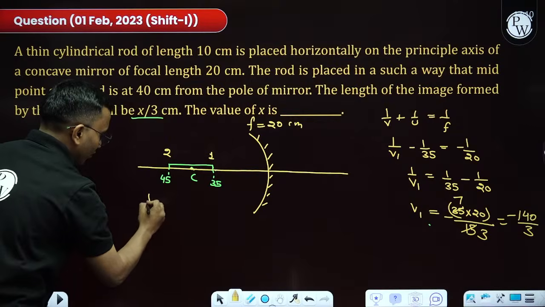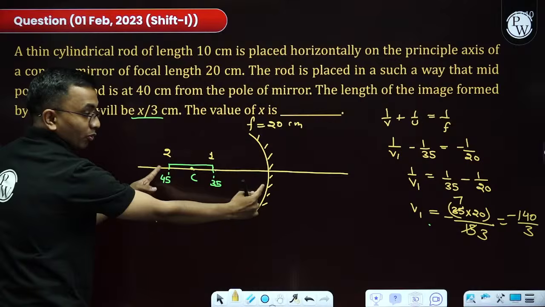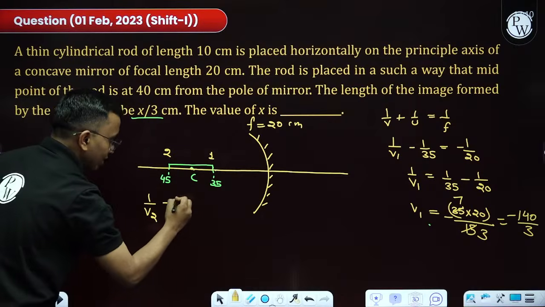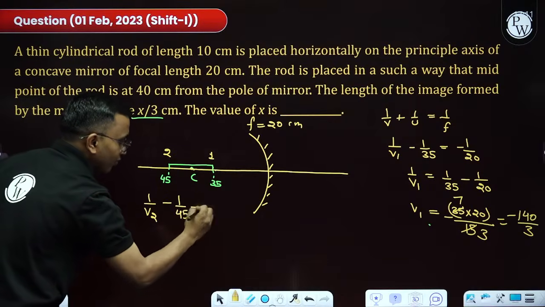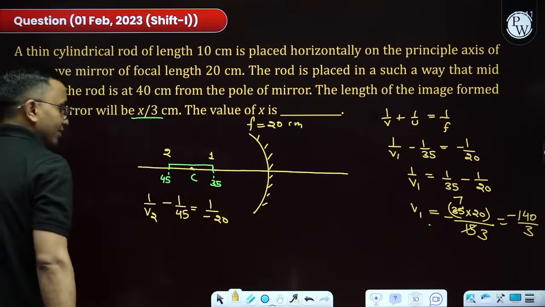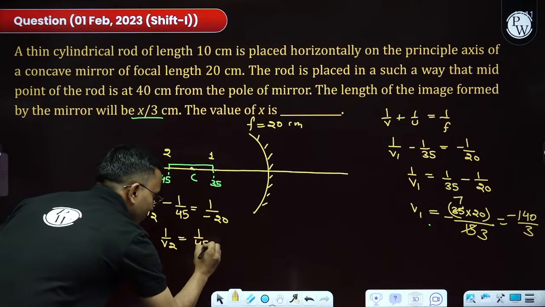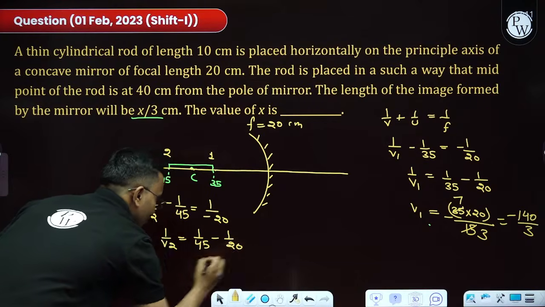Let us write 1 by V2. What is U2? Minus 45. So minus 1 by 45 is equal to, write F. What is F? Minus 20, like this. So my 1 by V2 is equal to 1 by 45 minus 1 by 20. Now write V2.